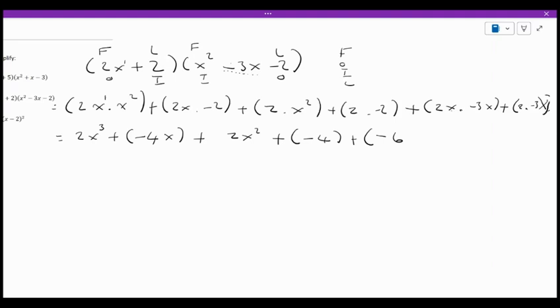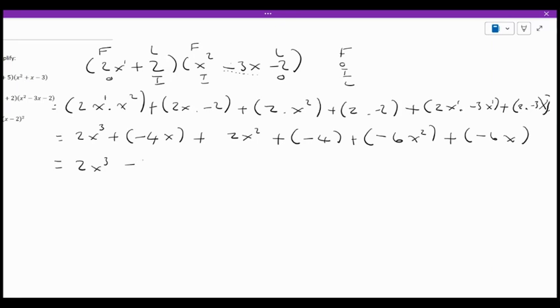Then we look at the variables. X times x. We know that it's x to the power of 1, x to the power of 1. So 1 plus 1 is 2. So then this is x to the power of 2 plus 2 times negative 3. That is negative 6. And then we just carry the x. And then we carry this down.